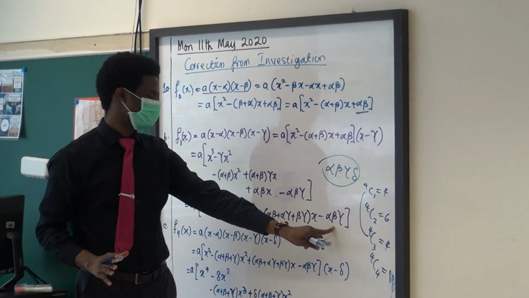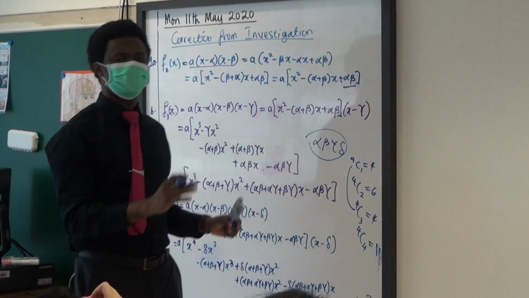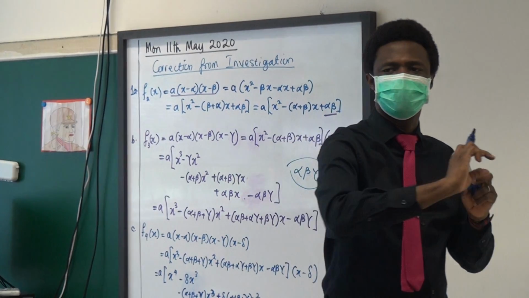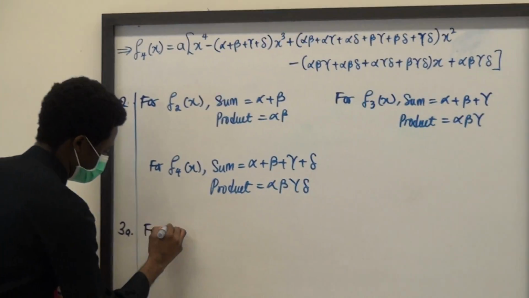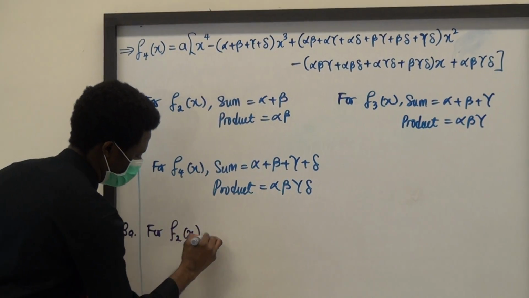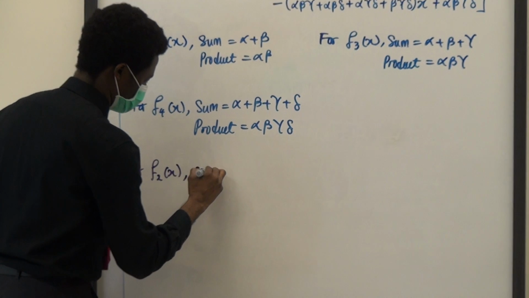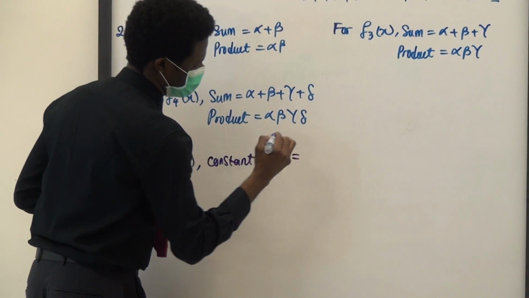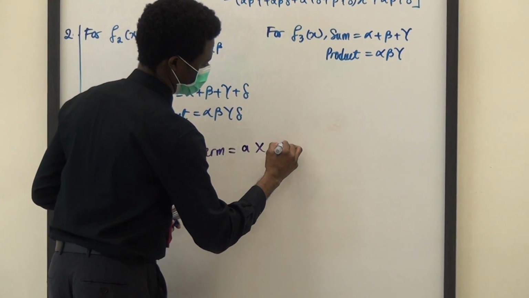Second one is minus the product. In the third one, it is so, which means there is no fixed pattern, right? It's changing a little bit. So that's why some of you wrote it separately, which is good. For f2, yeah? For f2, the constant term is a multiplied by the product.